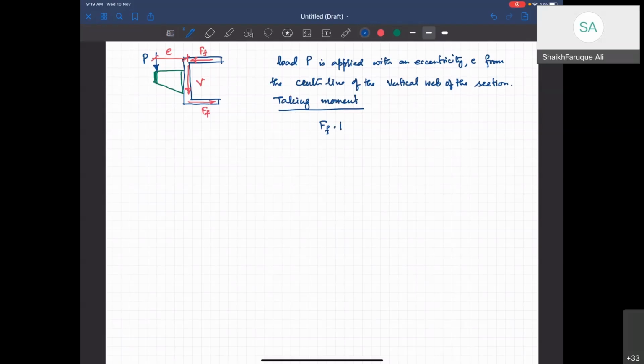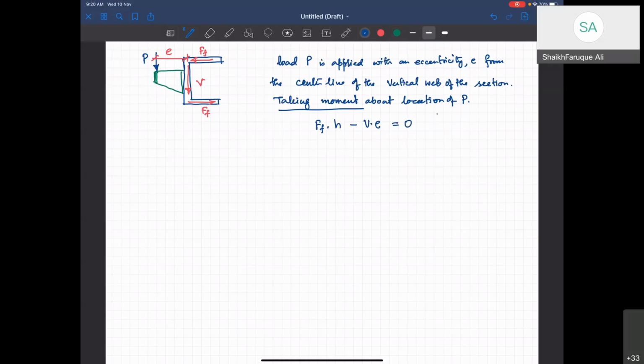Taking moment about P, the location of load, what do I get is FF into H minus V into E equal to 0, right?